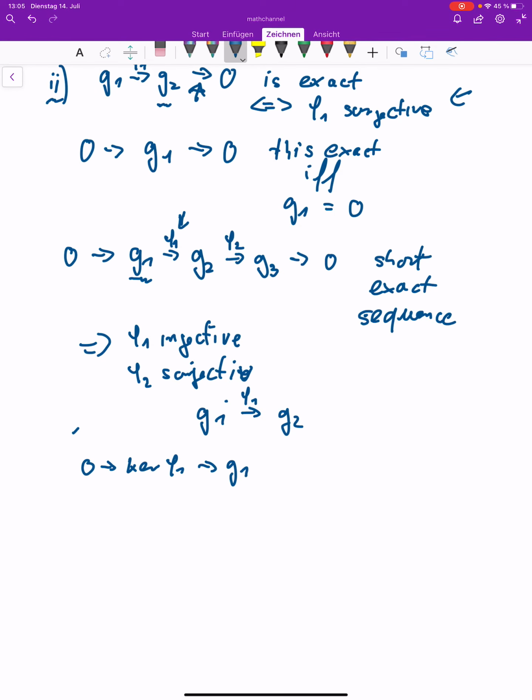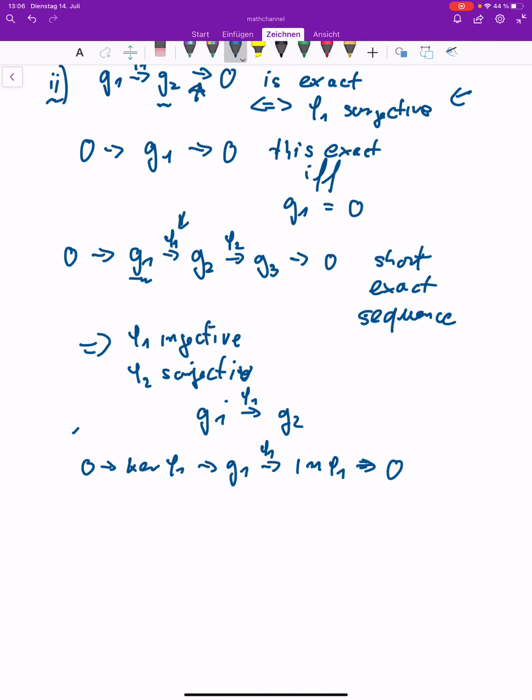And we use phi1 to map, but we do not map to G2, we restrict the range to the image of phi1, so that this is automatically surjective.